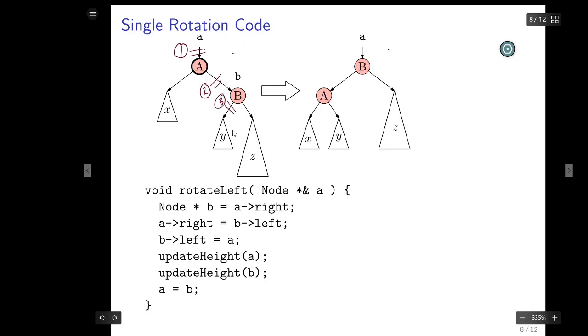What is the piece of this code that changes pointer number 1? What line of code changes pointer number 1? You can see the last one. Oh, very interesting. That A equals B, A is a reference parameter.